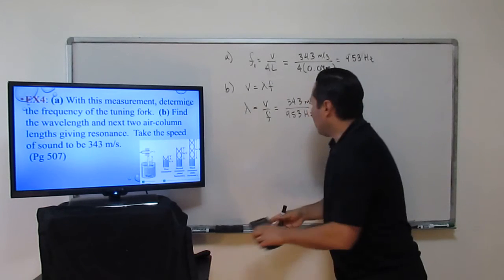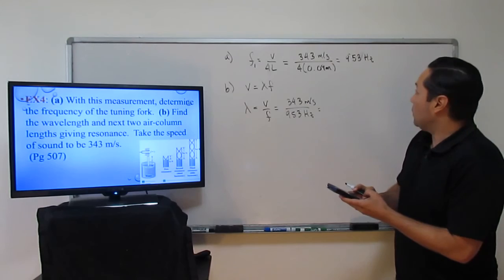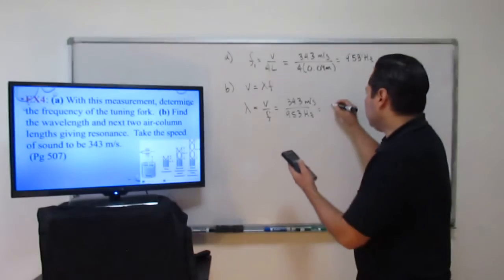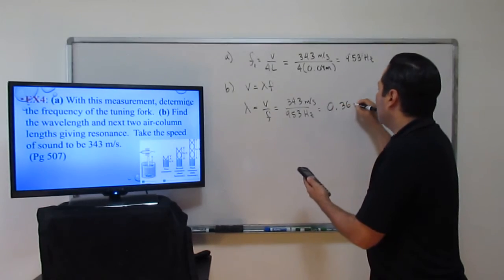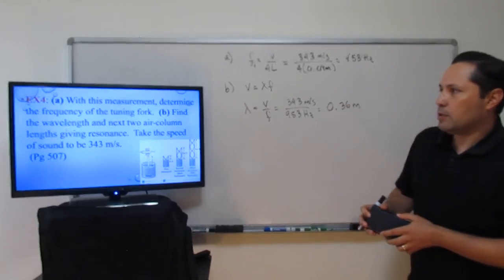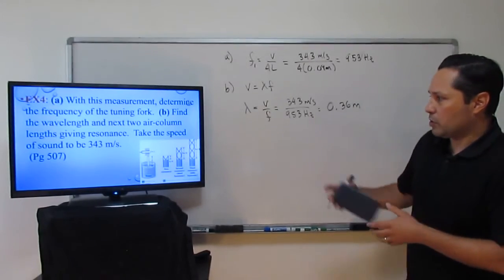So 343 divided by 953 gives us, rounding slightly, 0.36 meters. All right, so that is the wavelength of this setup.